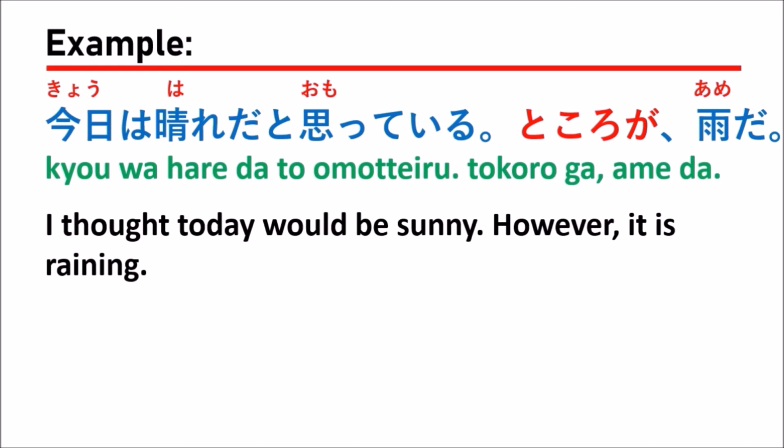And after the expectation, we follow with ところが, which means however, 雨だ, which means it is raining. That means you think it will be sunny, right? But in reality, it is raining, so you can use Tokoroga to help explain a situation like this.